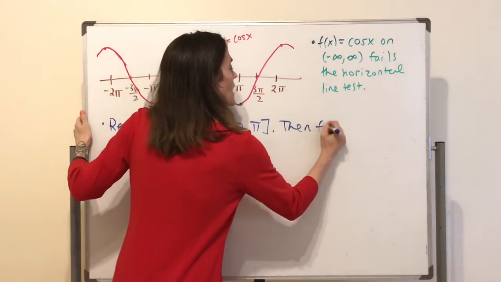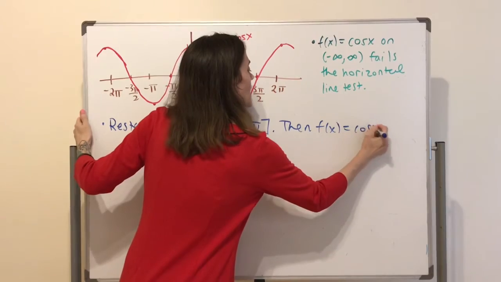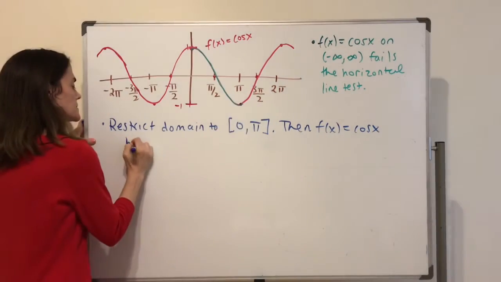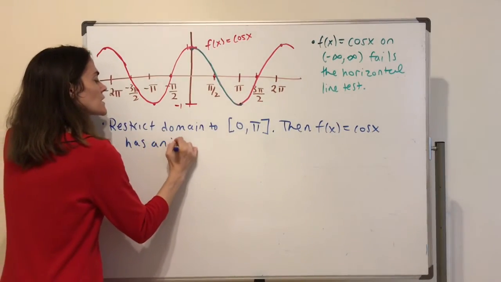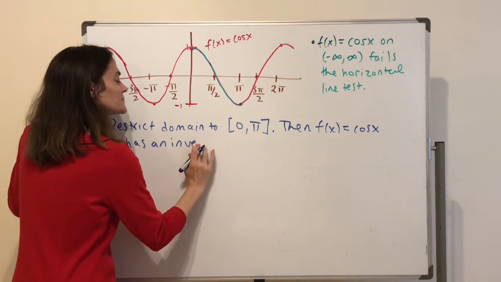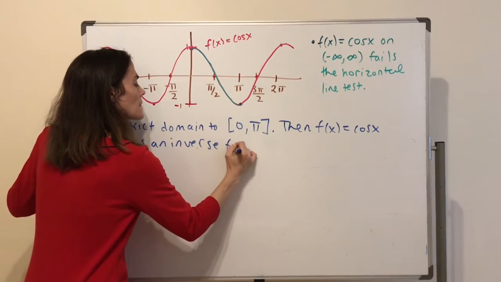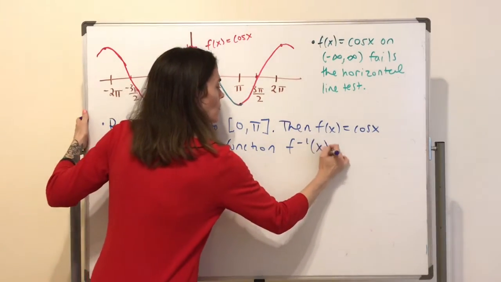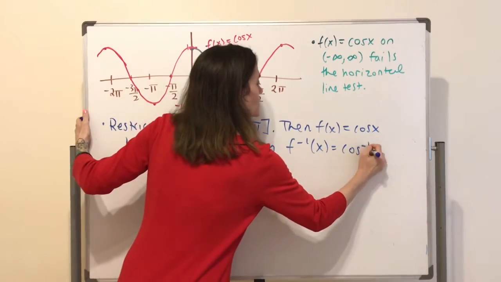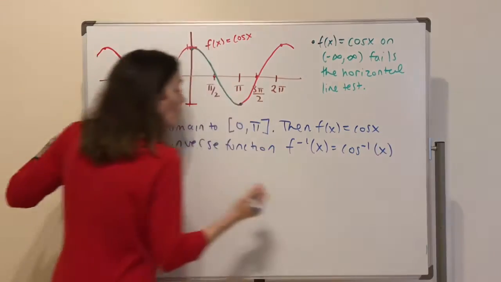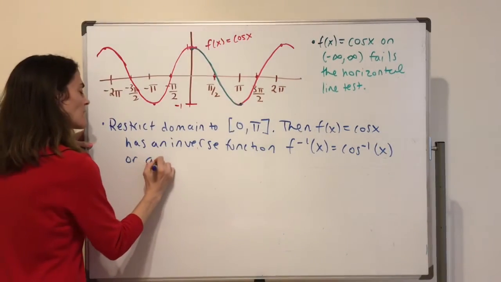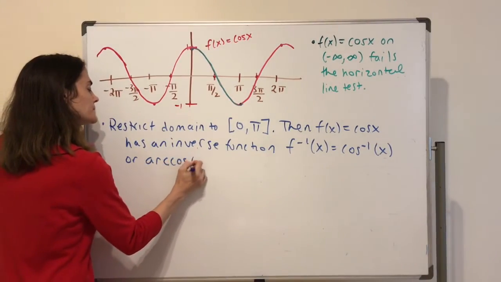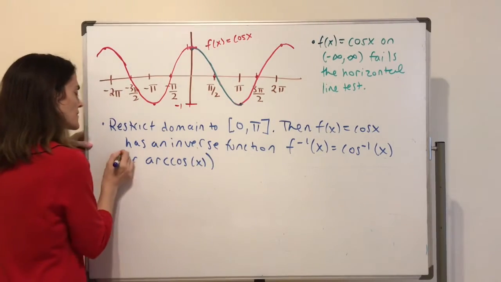Then f of x equals cosine x has an inverse function, which is cosine inverse of x, or the arc cosine. This is other notation.